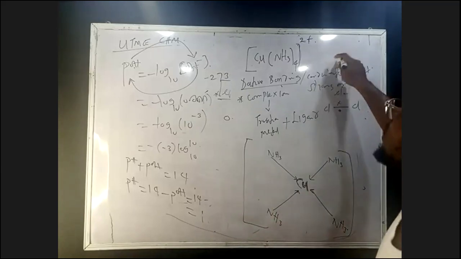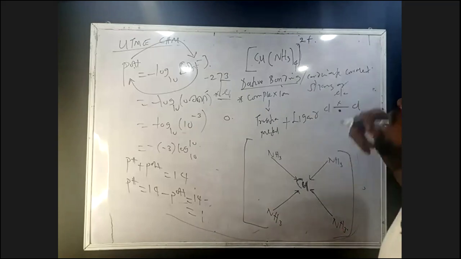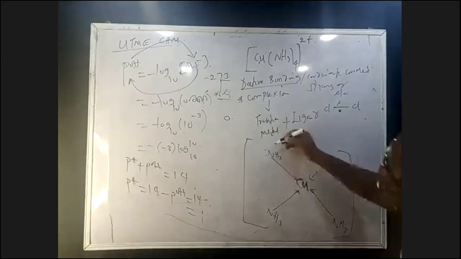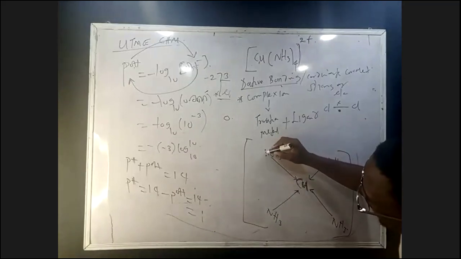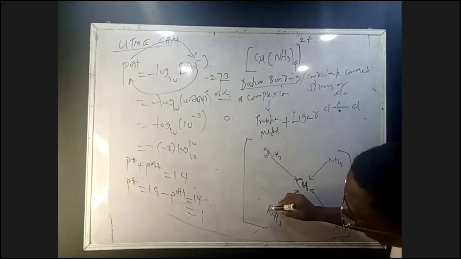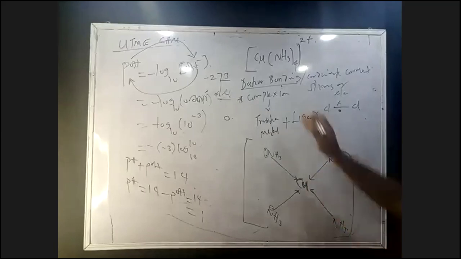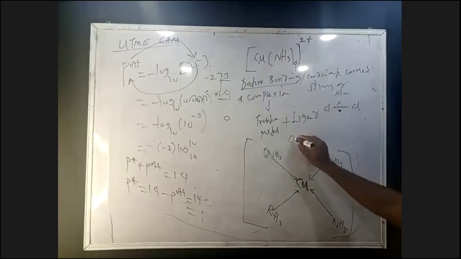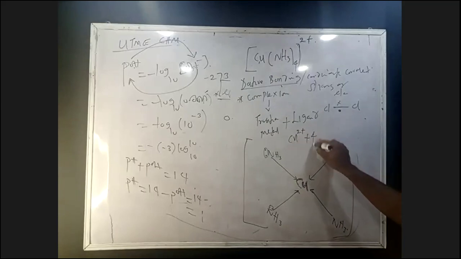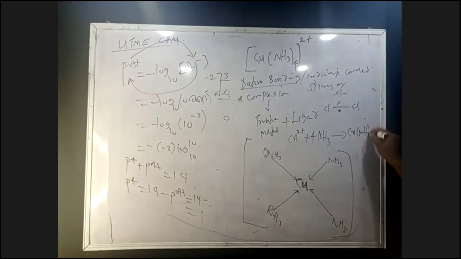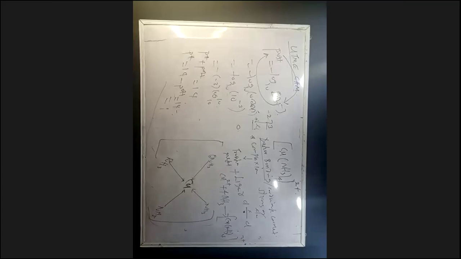But in coordinate covalent, I'm the only one bringing. You are not bringing. It is the ammonia. The ammonia has a lone pair of electron here. It is the ammonia that is bringing the electron that is being shared. Copper is not bringing anything. Am I making sense?